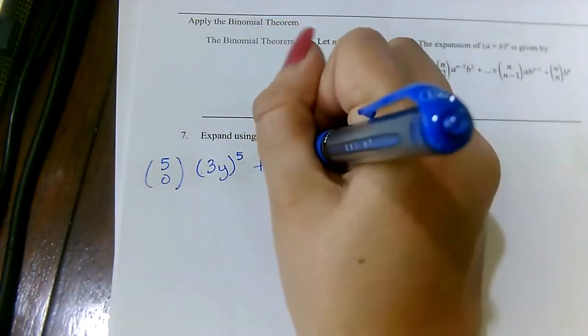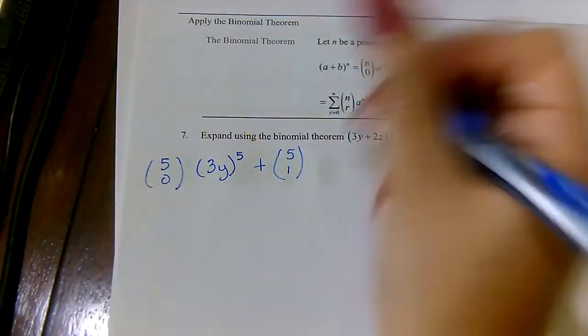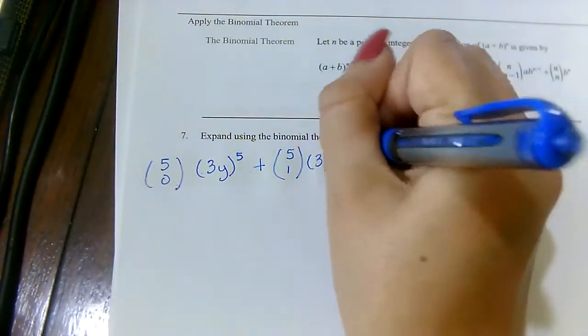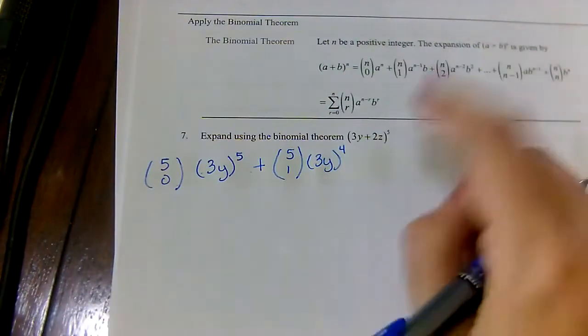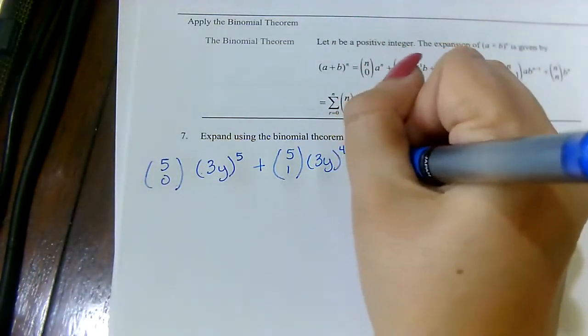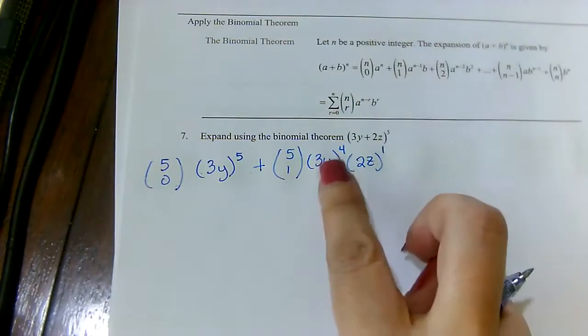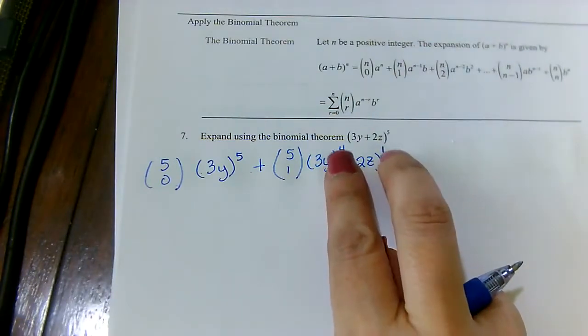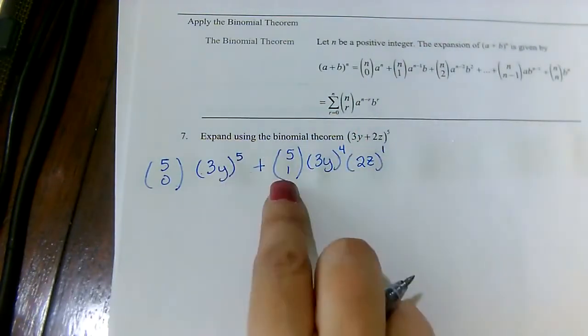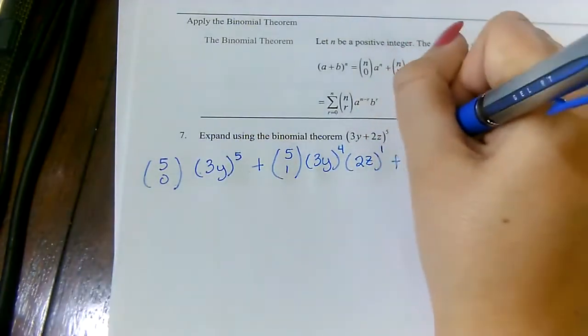I'm going to say 5, choose 1. Okay. And then here it's still 3y, but remember this is now to the 4th power. And we have 2z, and we just have one of those. So notice here, if you add up these two exponents, you're going to get your 5. And here you get your 5. Then we're going to go ahead and do 5, choose 2.